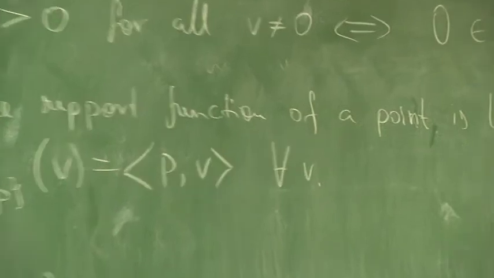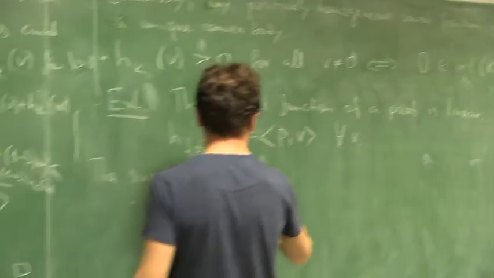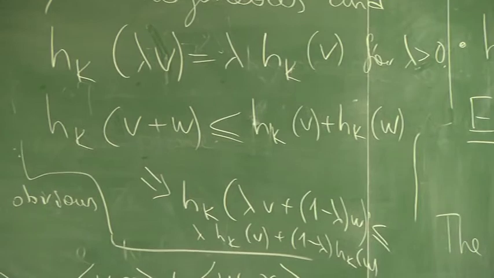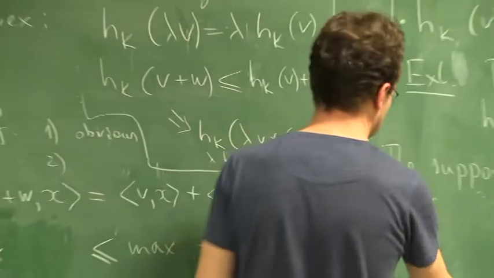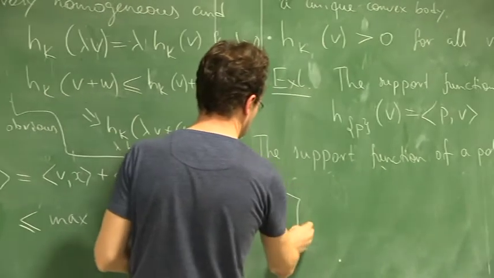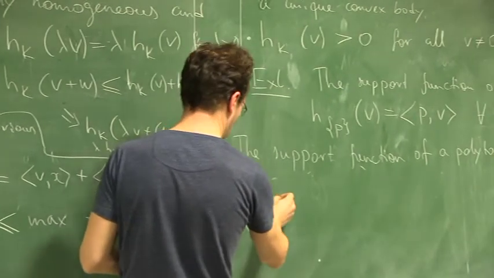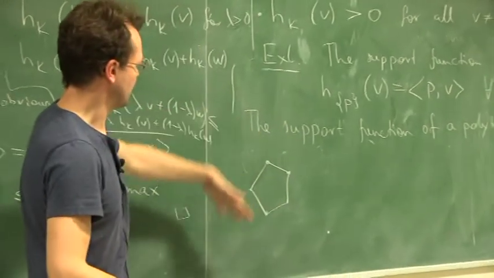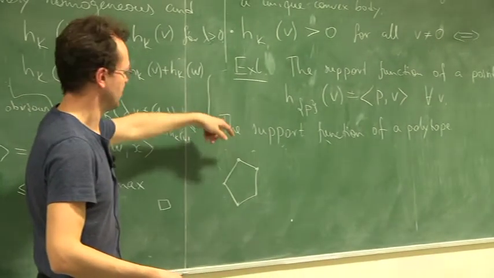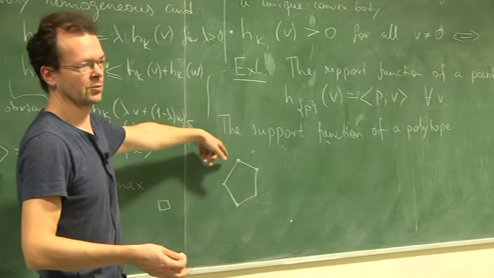So now the support function of a polytope. Well, the polytope is a convex hull of a finite number of points, and any linear functional always attains its maximum in one of the vertices, so in one of the points.